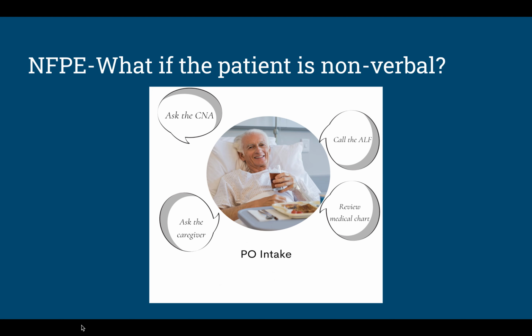If you cannot get information and you need information about the last week or the last month, you can call the ALF, the nursing home where they were residing, and talk to them, or the family members, of course. And that information is always available in the patient chart. You are within your right to call them. You just have to clearly identify yourself.